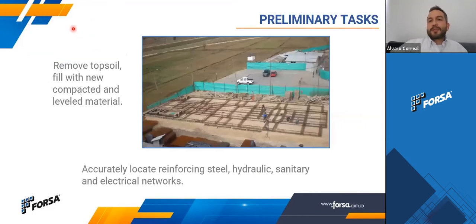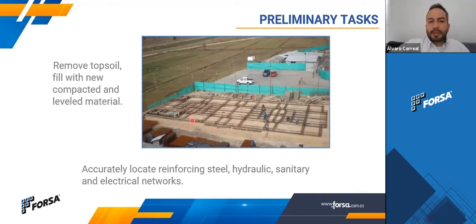Okay, so for these preliminary activities, we have just the same kind of foundation, and depending on the structural design, it's basically the same. In this picture, what we have is that they have removed the topsoil.